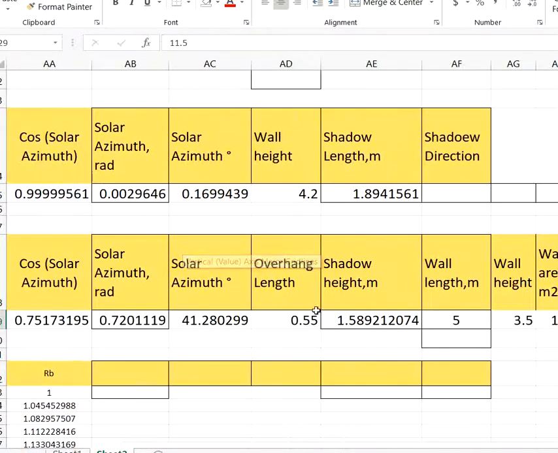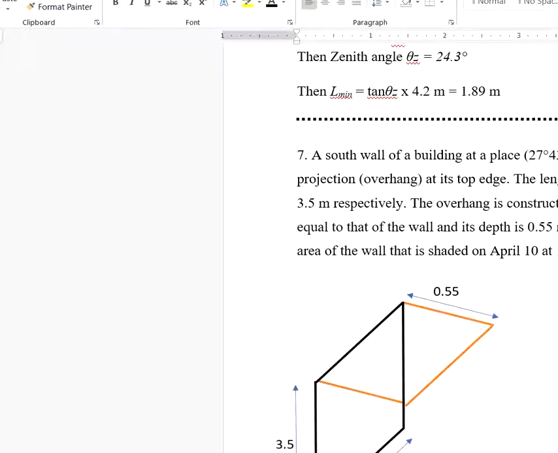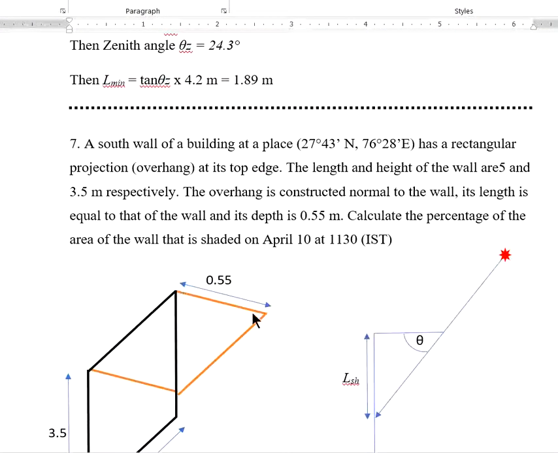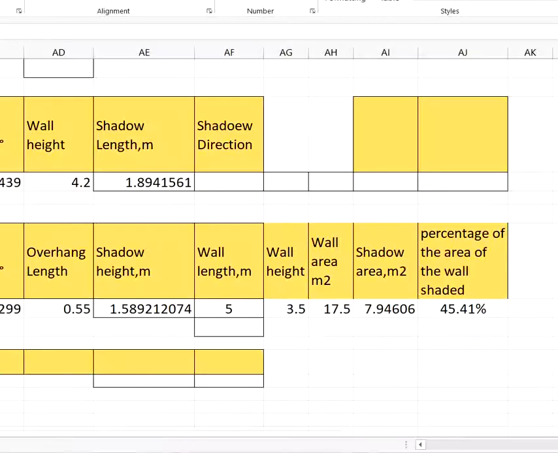Now the overhang length is 0.55. You can see here, overhang length is 0.55. So tan theta z is this, LSH by this. Shadow height comes out to be 0.55 into 1.8, which is 1.58.